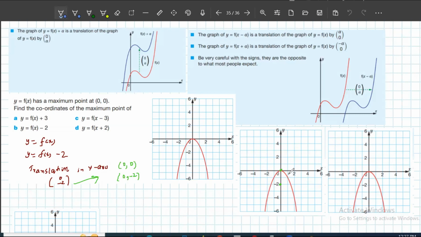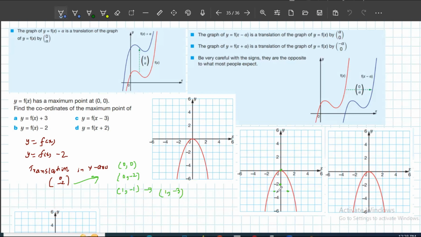If we have (1, minus 1) and we add minus 2, it would be (1, minus 3), meaning 2 units down. So 1, 1, 2, 3, it is here. The same if you check (minus 1, minus 1), it is here.